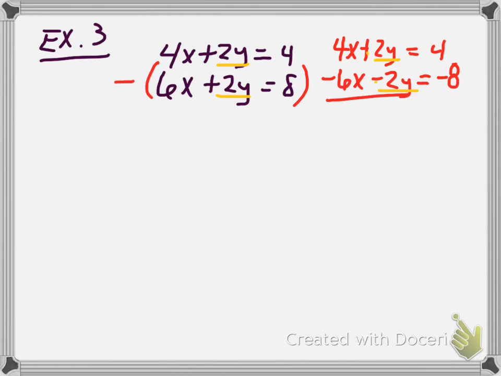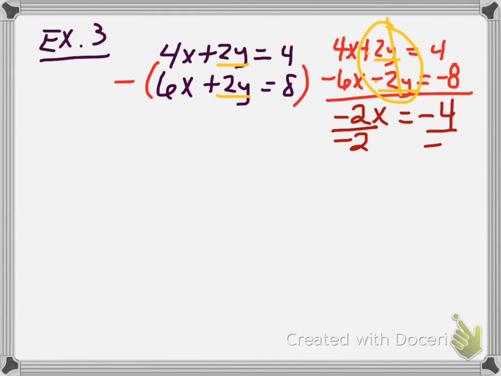We sure do. So I'm going to look at the 2y's. Those cross out. Then I'm just going to take care of the addition and subtraction of everything else. 4 minus 6, well, that's a negative 2x. 4 minus 8, well, that's a negative 4. I'm solving for x, so I would have to divide both sides by a negative 2. So x is negative 4 divided by negative 2, which is 2.